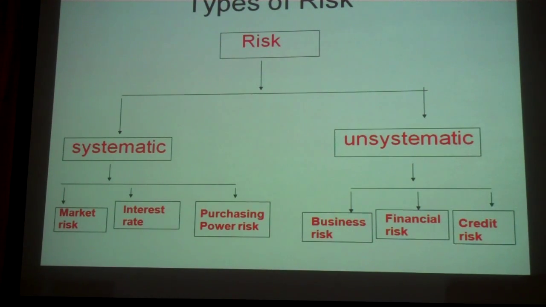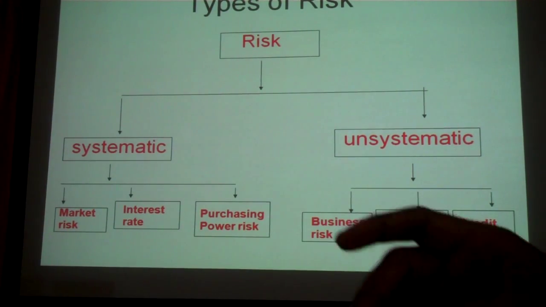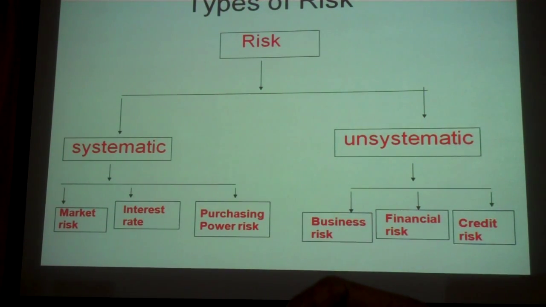You might have read yesterday's newspaper. Every company is crying. Wipro has said, we are losing money unnecessarily in translating currencies. Sometimes gain, sometimes loss. Risk is important. If gains and losses keep varying, that is called risk. Variation in returns is called risk.